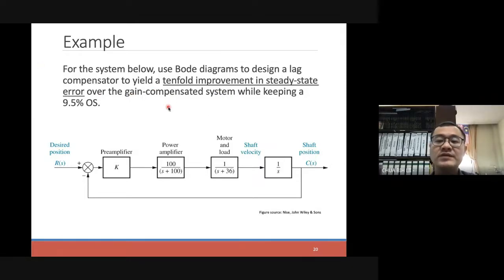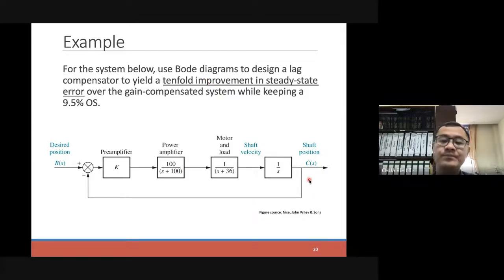Our previous system that we designed, we got a K value of about 580 something, which gives us a 9.5% overshoot. So now we want to maintain this, but improve the steady state error.